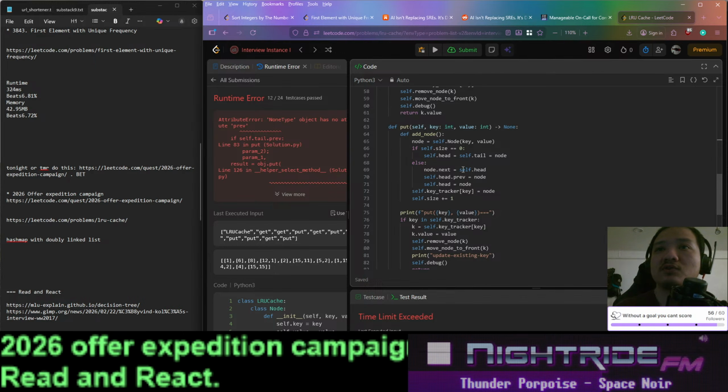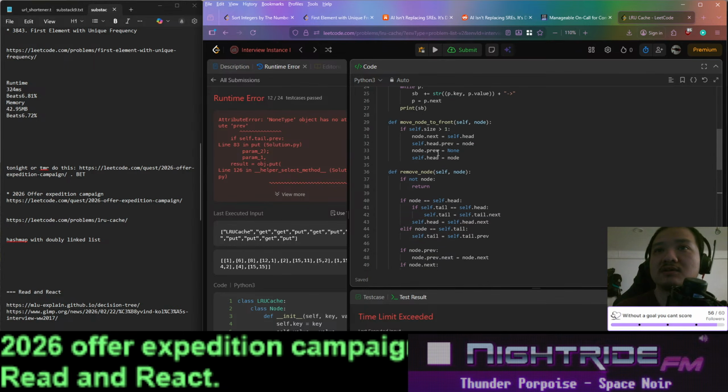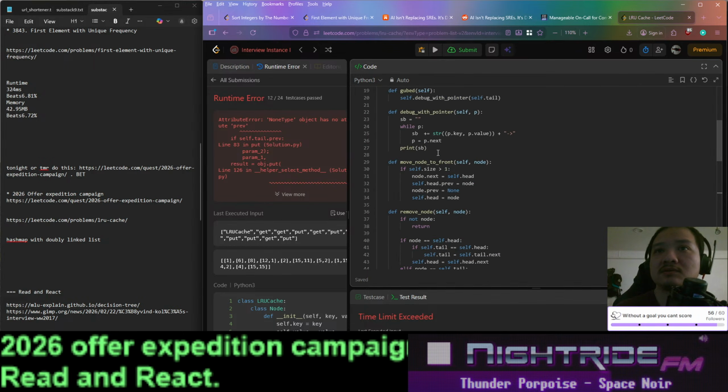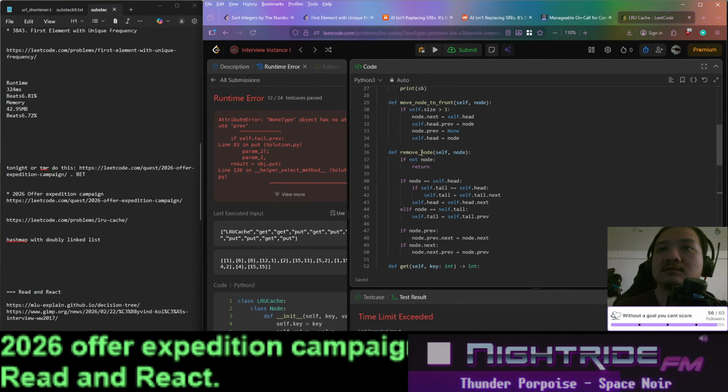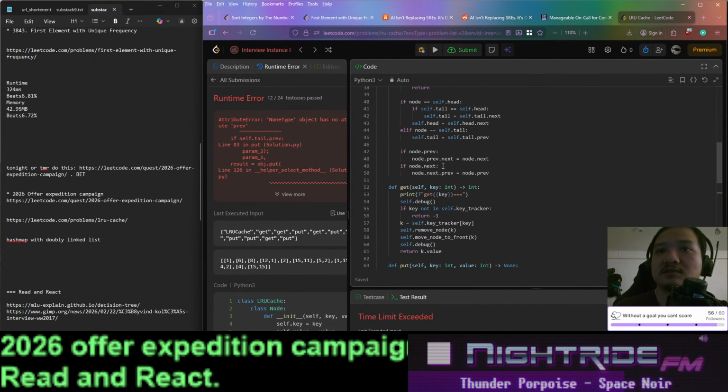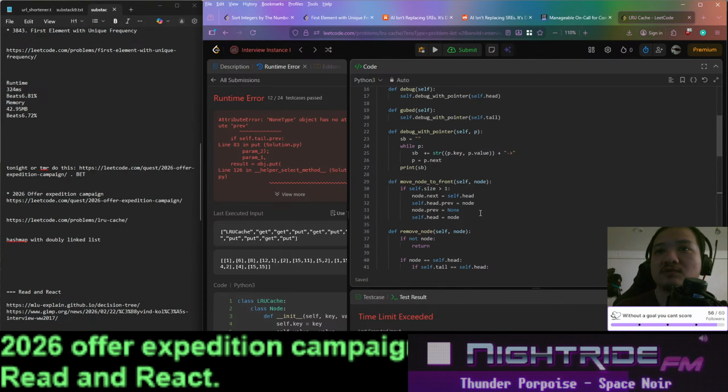So this move node to front is nothing but insert that node, right? Insert that is nothing but add node, right? So let's do that. Add node, self, key, value, right?